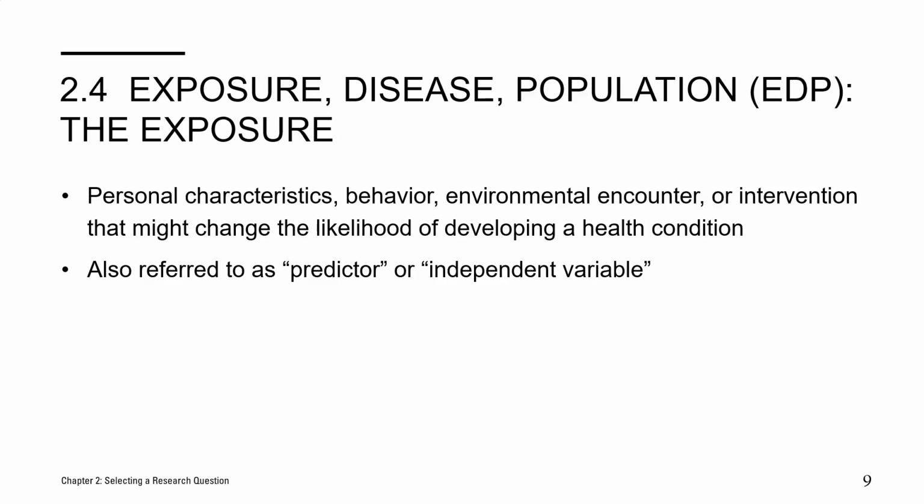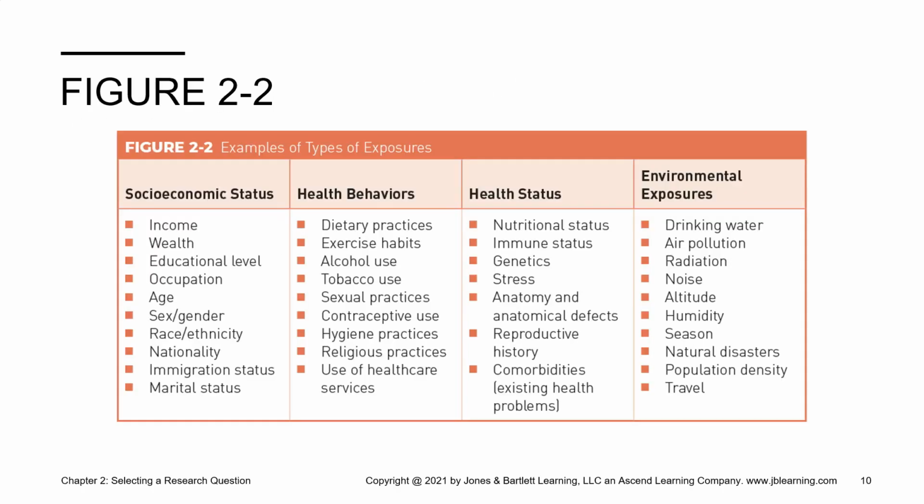It could be looking at whether screening prevents late diagnosis of breast cancer, whether receiving a vaccine reduces your likelihood of having severe symptoms of a disease, or whether a diet and physical activity intervention reduces someone's likelihood of having a cardiac event, and so forth.